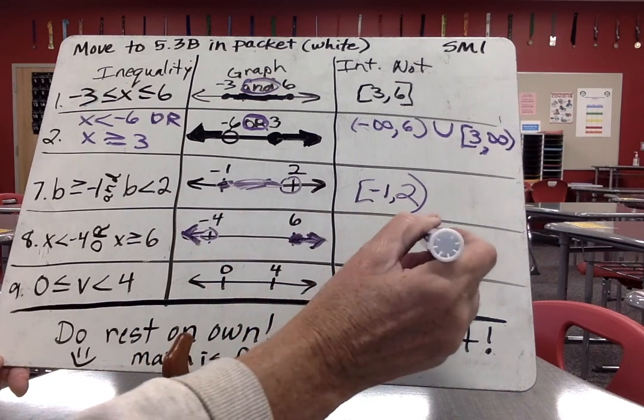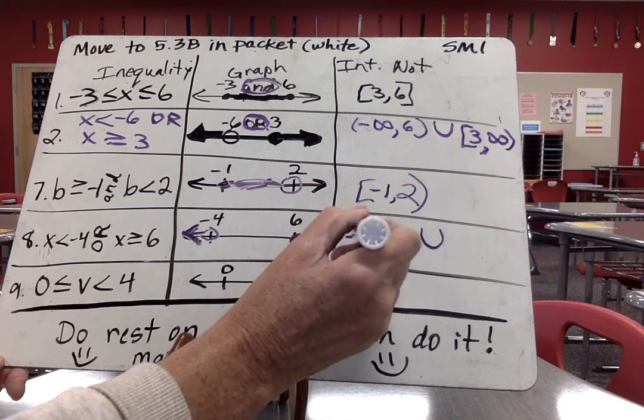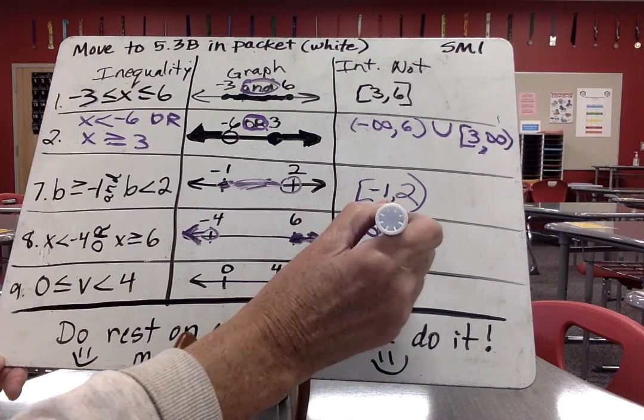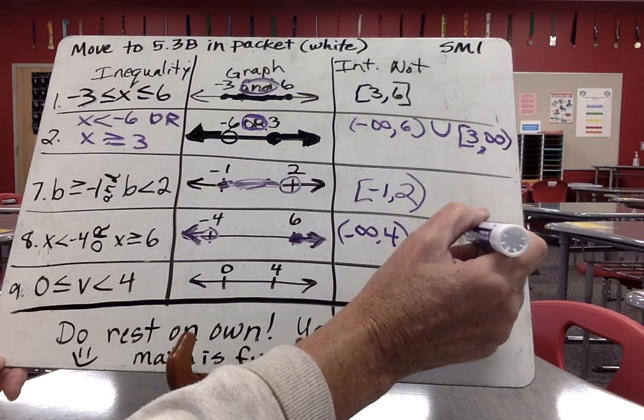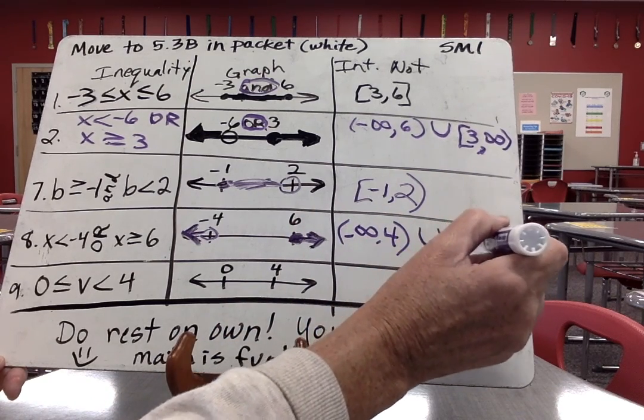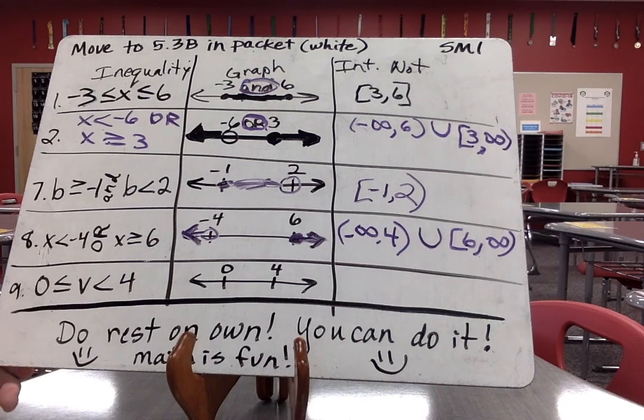This one is going to be a union one because it's an or, and we say negative infinity, comma, -4 is not included, parentheses. And unite that with 6 is included, so it's a bracket, off to infinity, and that's a parenthesis.